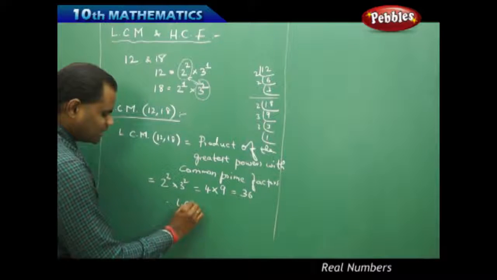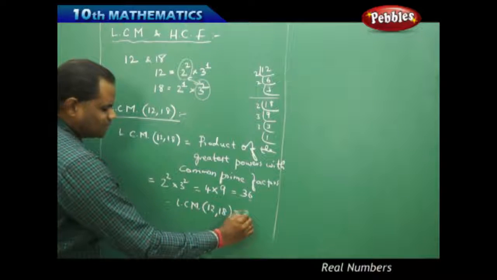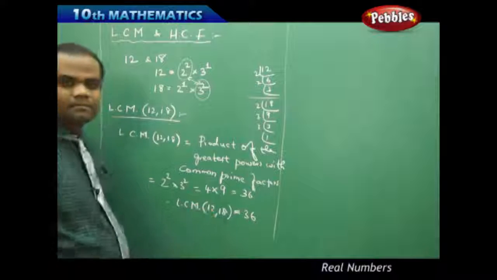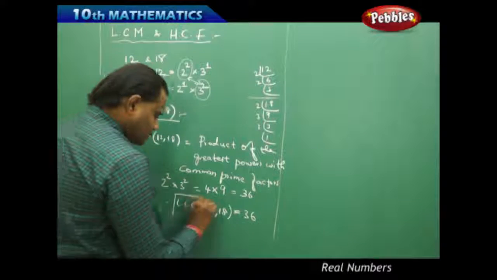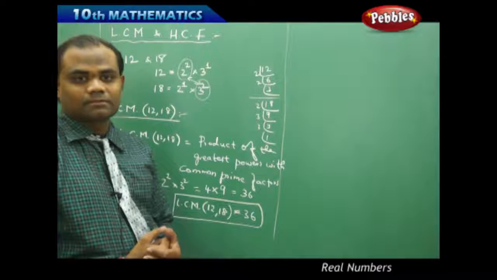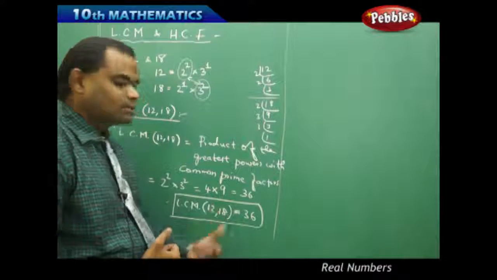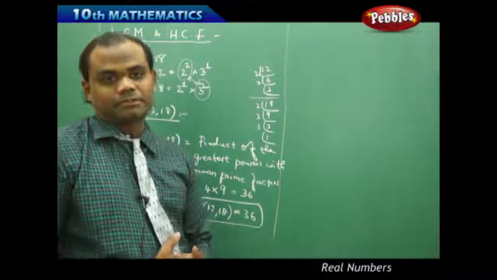Therefore, the LCM of 12 and 18 is 36. The least common multiple of 12 and 18 is equal to 36.